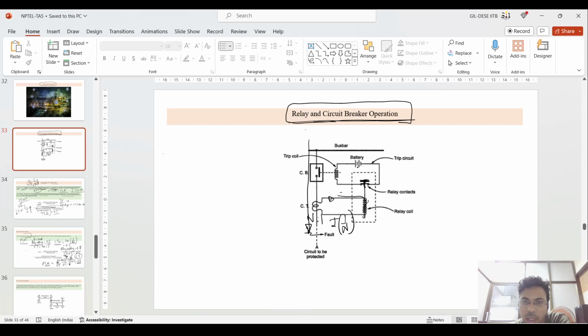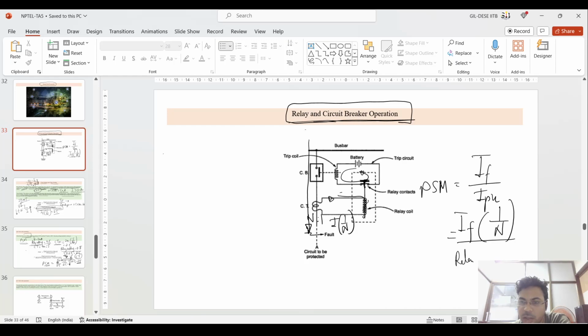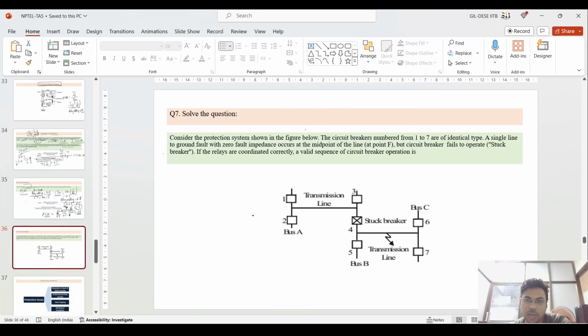So there will be some setting of how much time this relay contact takes to trip, to come in contact, to make this circuit complete. So that is the PSM. PSM is the fault current divided by the pickup current, the fault current referred to secondary. So what will be secondary? IF divided by 1 by N divided by pickup. Pickup is relay setting multiplied by the secondary rated current of this CT. Okay, this is the formula.